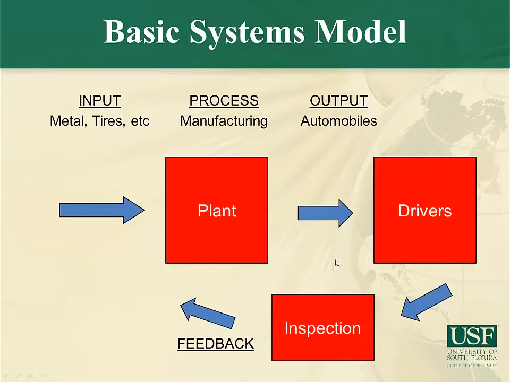However, if there are problems with the car through inspections, through testing, through driving, feedback will be that some changes do need to be made, either in the material that is input or the processing, the manufacturing and assembly. Okay, so this is a basic system example. Notice it's not an information system. It is not an accounting information system.